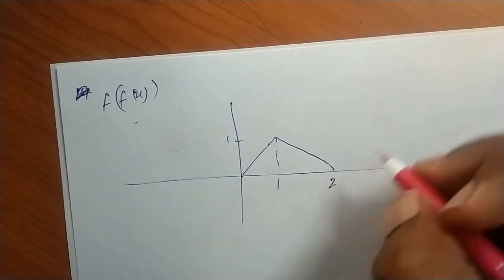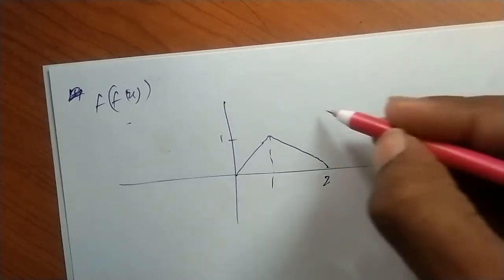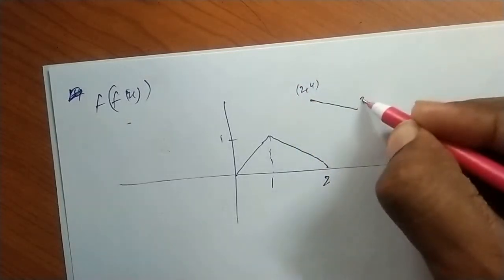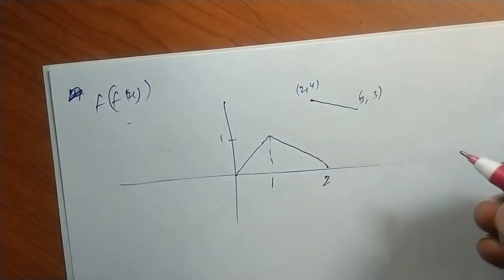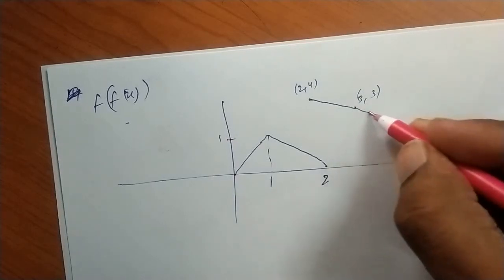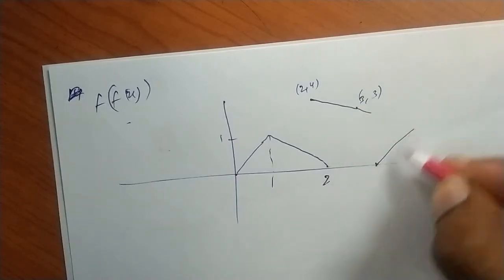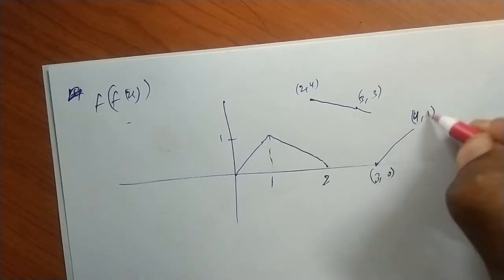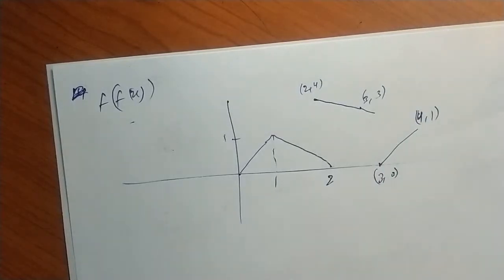This will be 2, 4 and 3, 3. So the graph itself explains its continuity and differentiability. Moving to next question, question number 15.